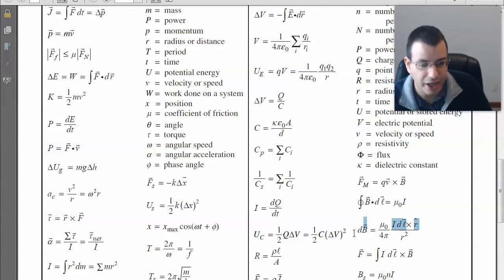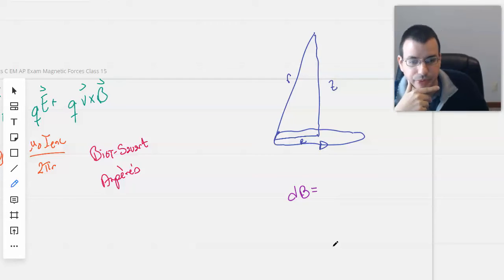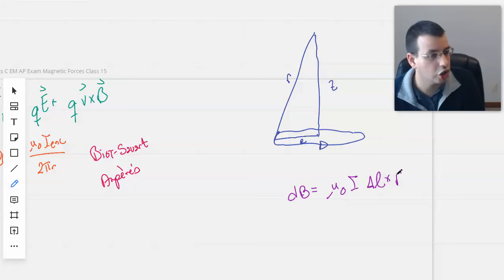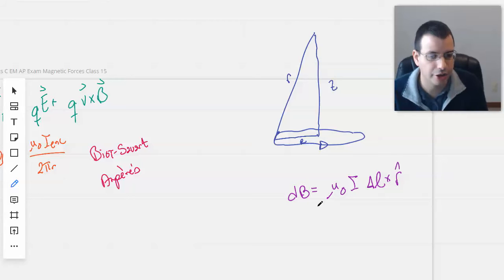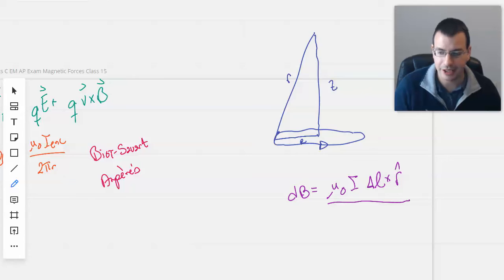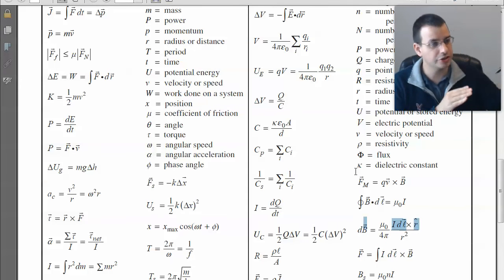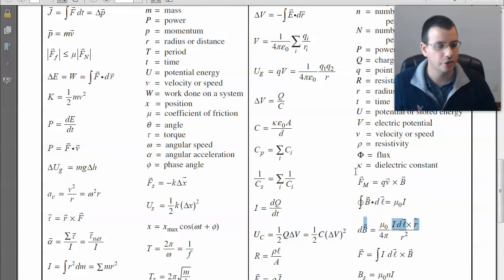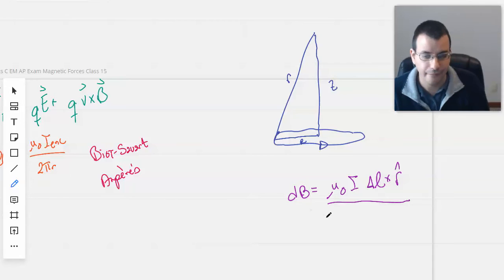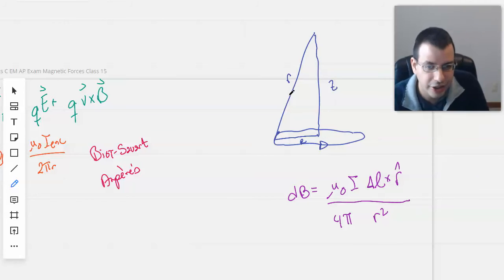Okay. mu naught I dl, I'm going to write dl like this, cross r, and it's r unit vector direction. So it's not the full vector r, it's a unit vector, so it's just telling you direction, not magnitude, over 4 pi r squared, where the r is this r right there.